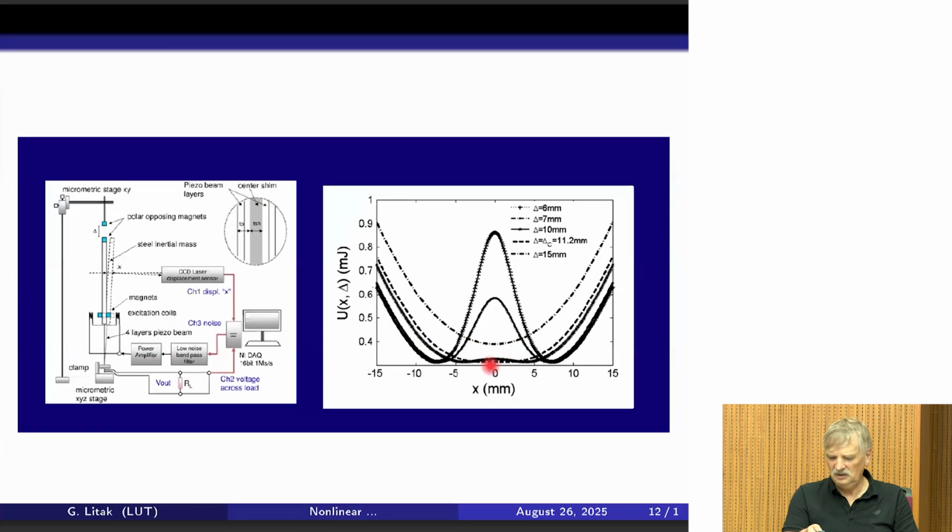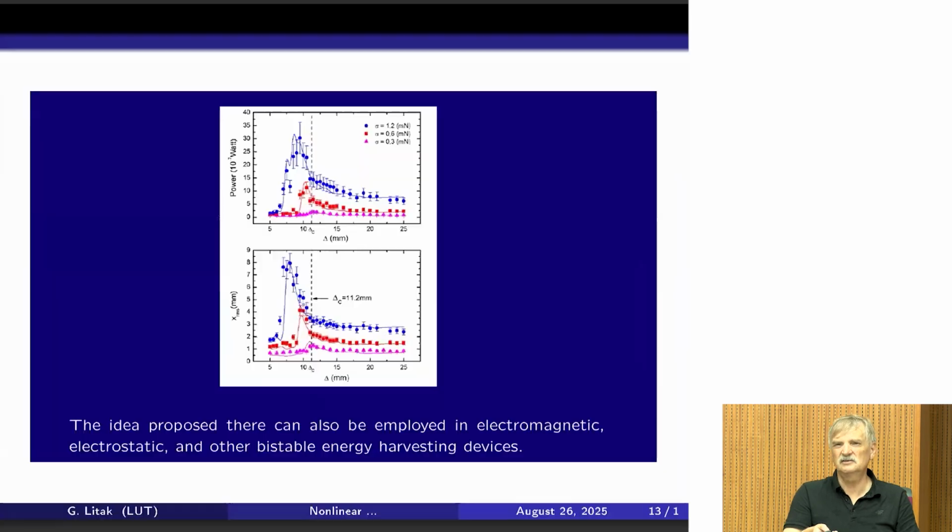And this was found. So this is like an easy effect, but it was found that for some noise level, the output power is increasing considerably. And this is in the literature.